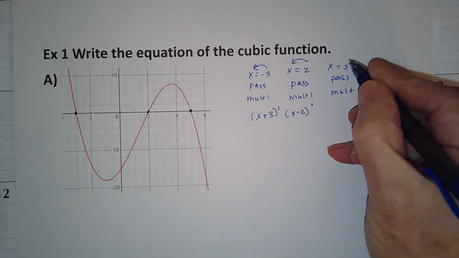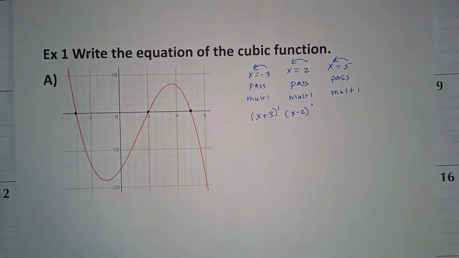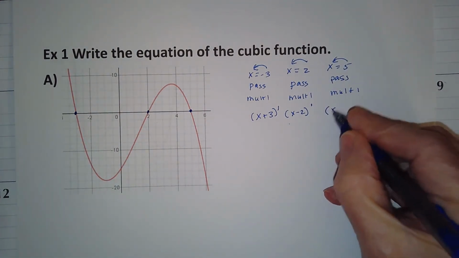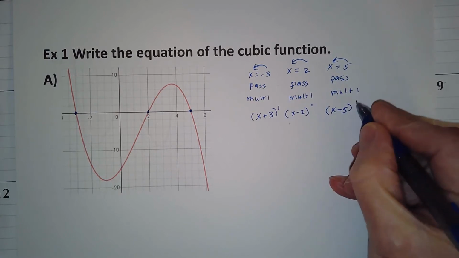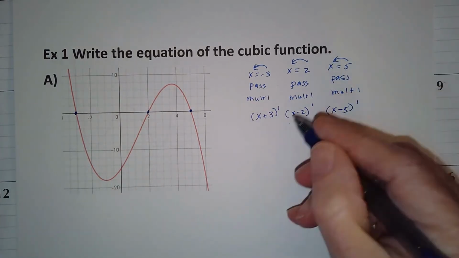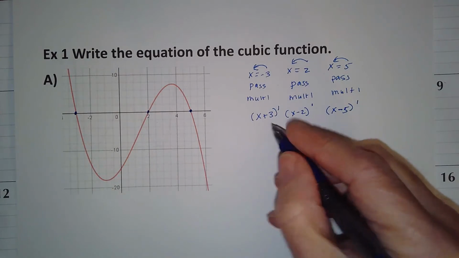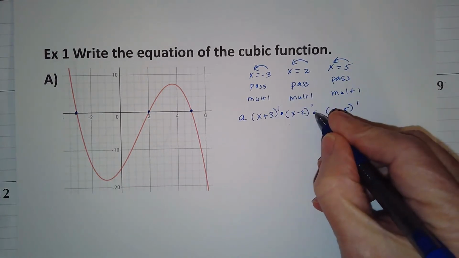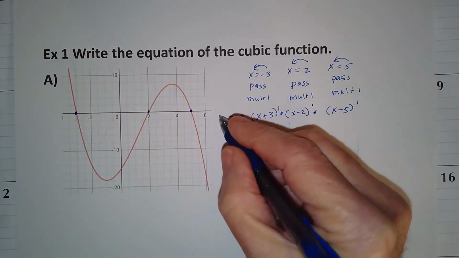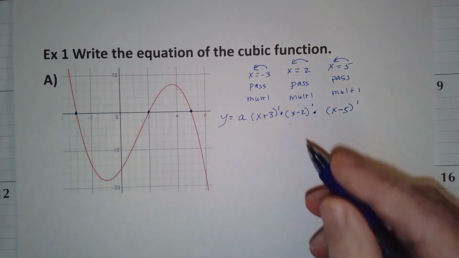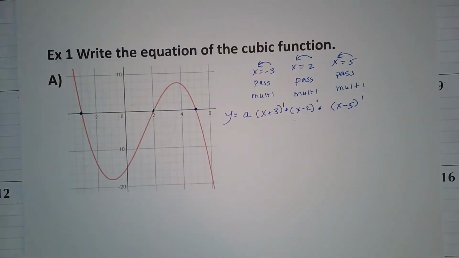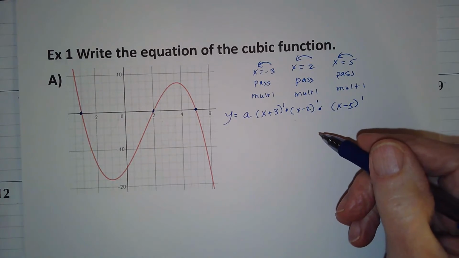And then this is x equals 5, so we're going to go back and bring the 5 over with the x, and so that means we're going to have a bubble of x minus 5 times 1. And we're going to multiply all of this together times a, right? These are all multiplied together. And our a, if you'll remember, that's going to determine how wide or how scrunched or high the graph is going to look. Okay?